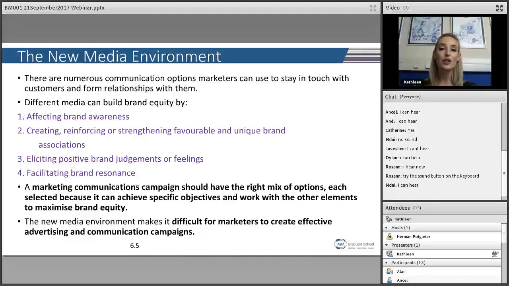There are numerous communication options that we as marketers can use to stay in touch with our customers, and ultimately, as we know from our CBBE pyramid, move them up to the top of that pyramid where we build resonance and relationships with them. Different media can build brand equity by firstly affecting brand awareness. Remember, brand awareness is a function of being exposed to the brand.